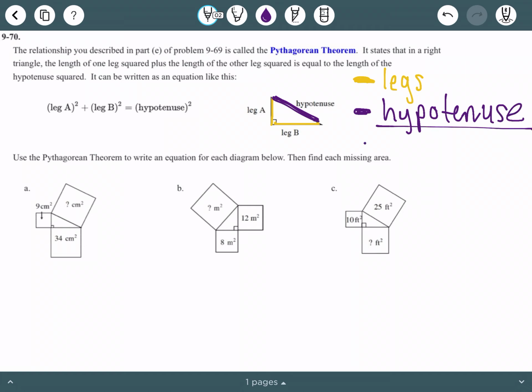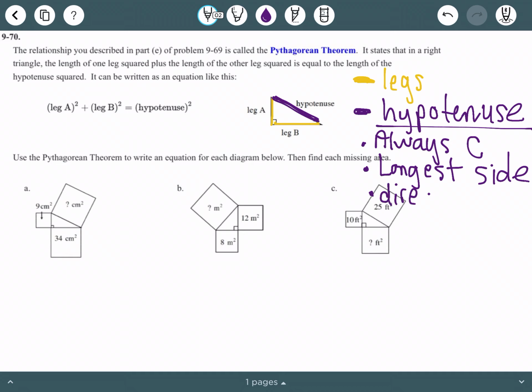So the hypotenuse, first of all, is always C. So the hypotenuse, we can never say A or B. The hypotenuse is always C. The hypotenuse is always the longest side of the triangle. And finally, the hypotenuse is always directly across from the right angle.